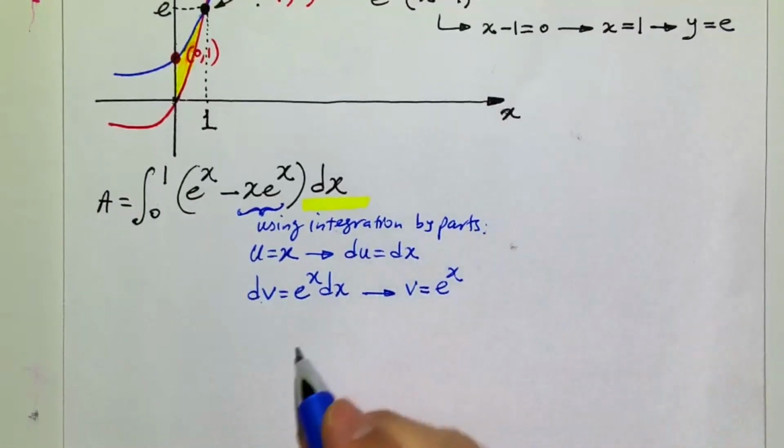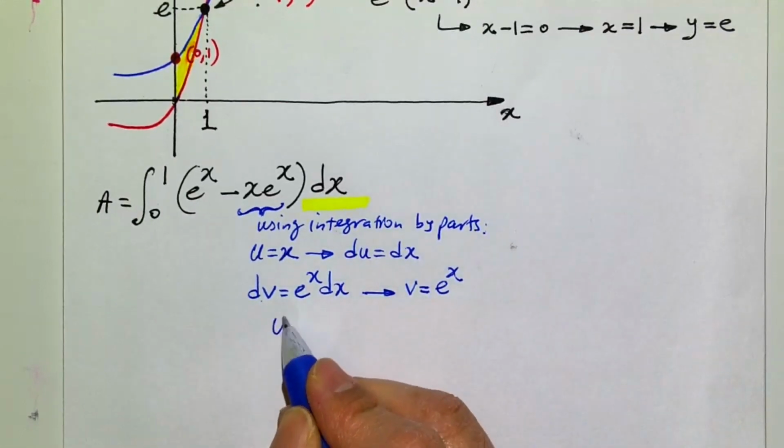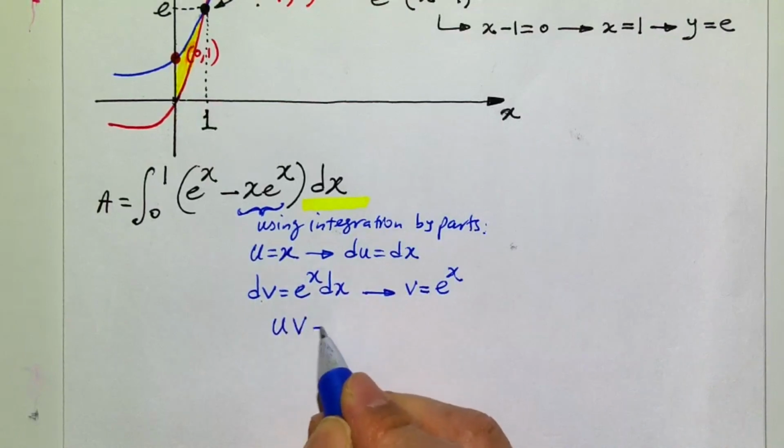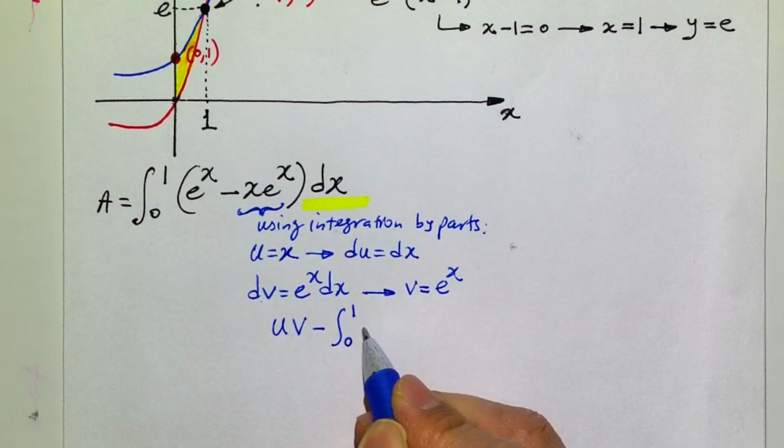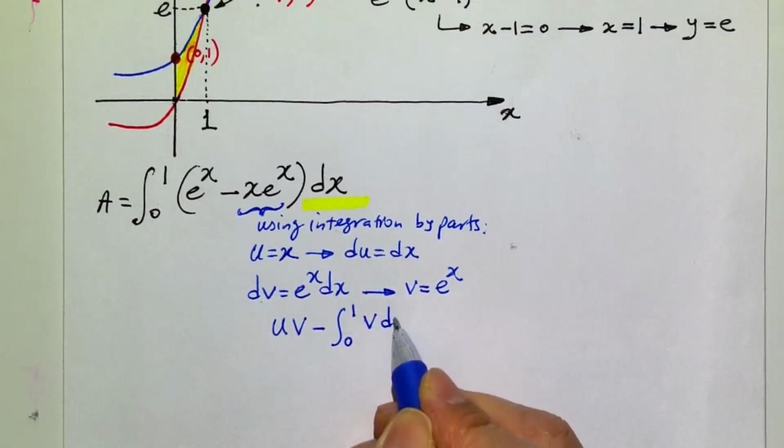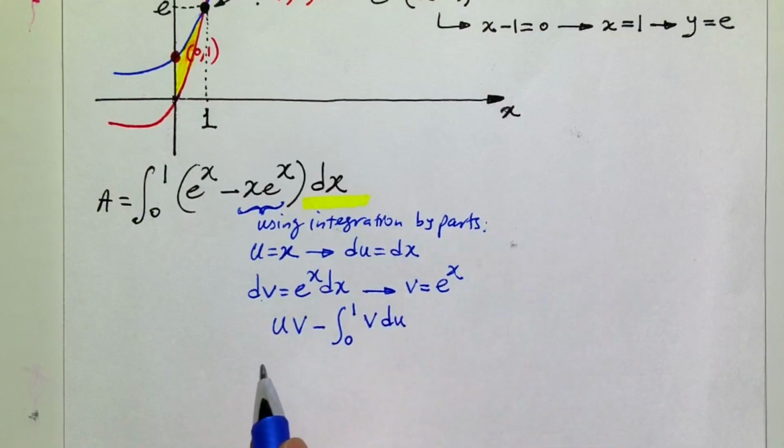Now by integration by parts, this should be uv minus the integral from 0 to 1 of v du.